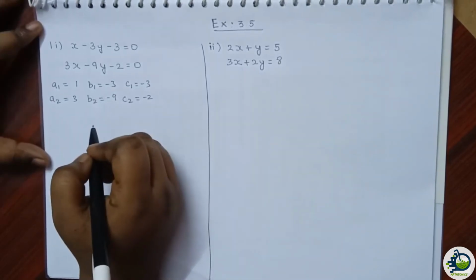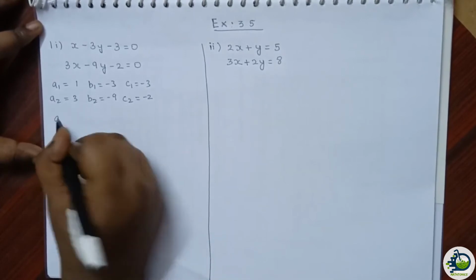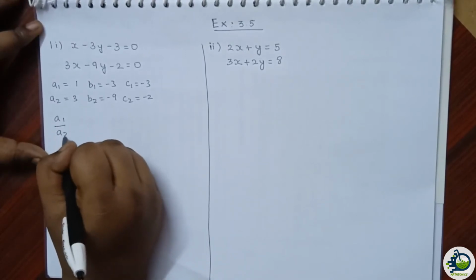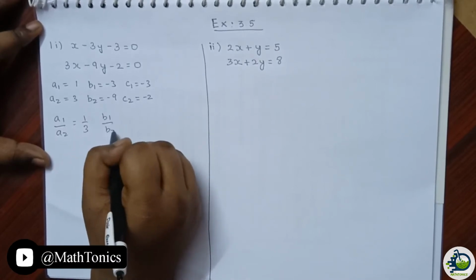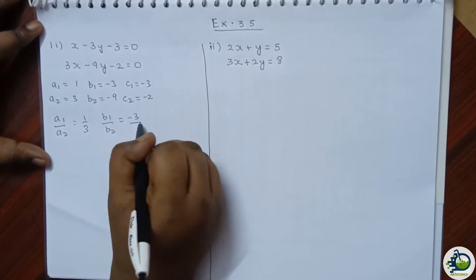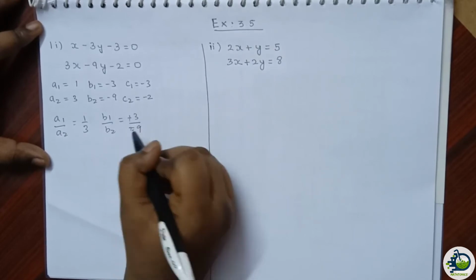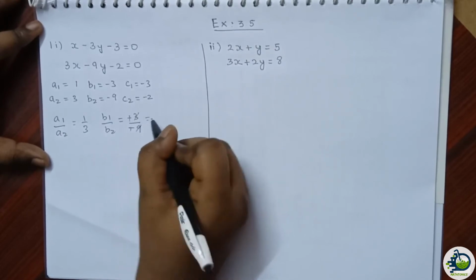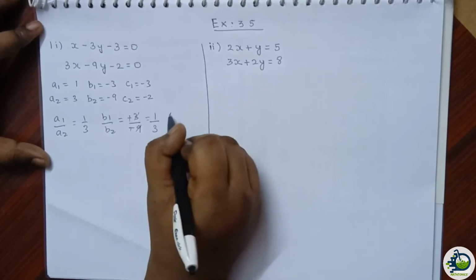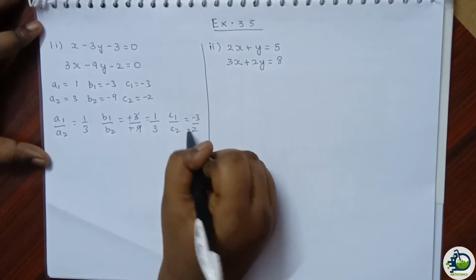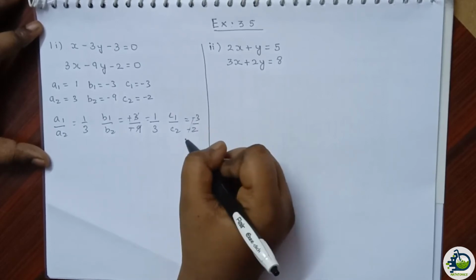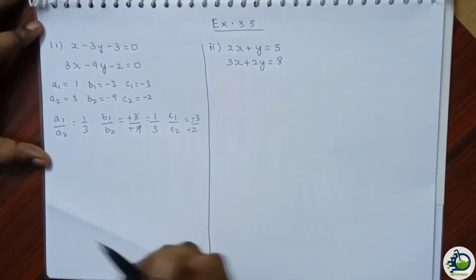Next, we check the values. a1 by a2 is 1 by 3, b1 by b2 is minus 3 by minus 9. So minus minus gets cancelled and 3 and 9 get cancelled and we get 1 by 3. c1 by c2 is equal to minus 3 by minus 2. So minus minus gets cancelled and we get 3 by 2.